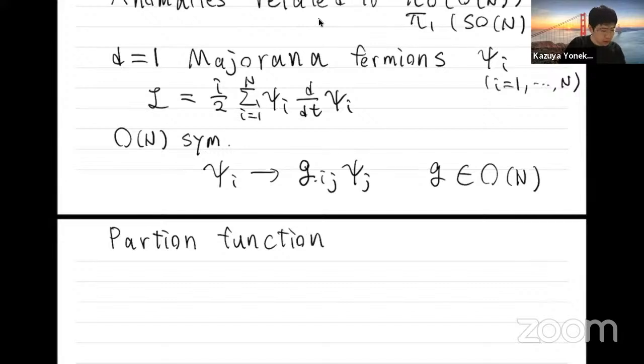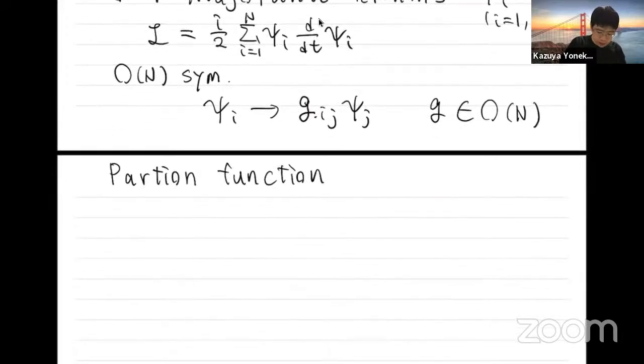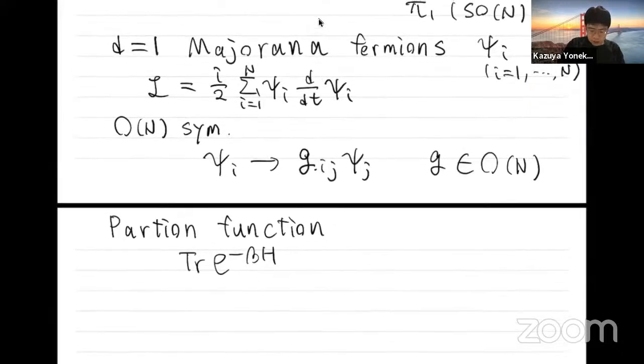So the most basic partition function is the thermal partition function. So this is just a quantum mechanical system. So we take the Hamiltonian of this system. Actually, the Hamiltonian of this system is actually 0, but anyway.